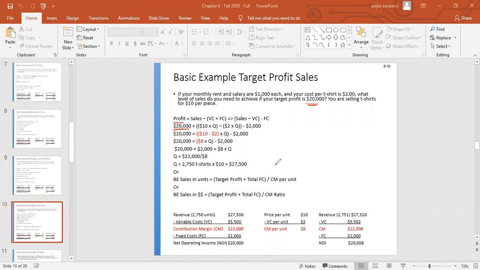But that 20,000 is the profit, and it will also include your variable cost. So that will be additional sales, which would be, in this case, what, 7,500 and what were the sales before for this problem?